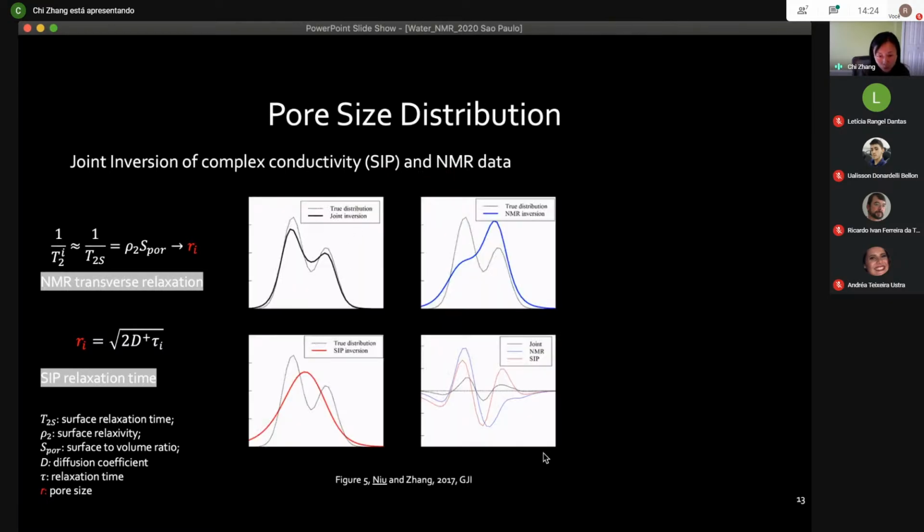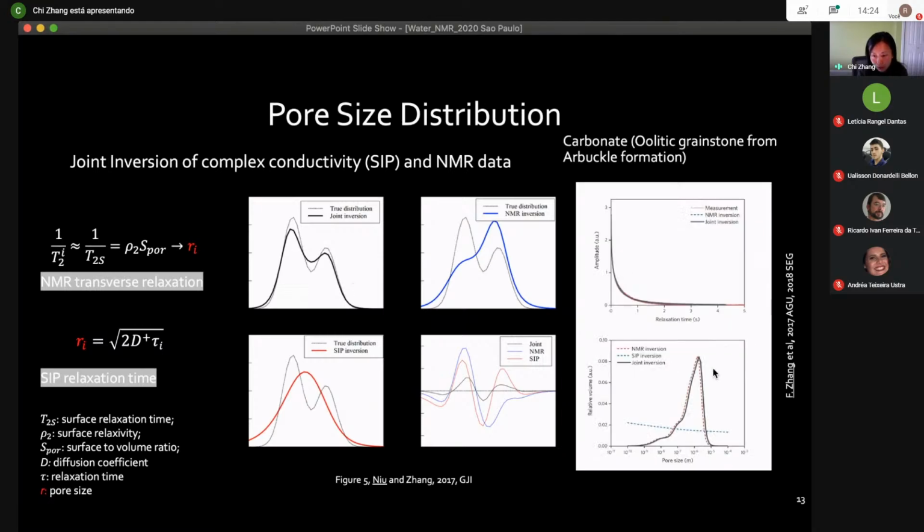And this is the work we published in 2017 in GJI, where we demonstrate this workflow, how to combine these two data sets together to jointly invert this R to get a better, more robust estimation of this pore size distribution. And we apply the same kind of concept on carbonate rocks.